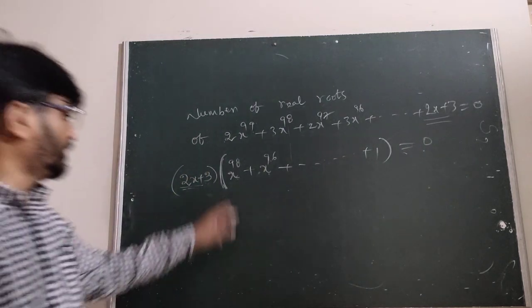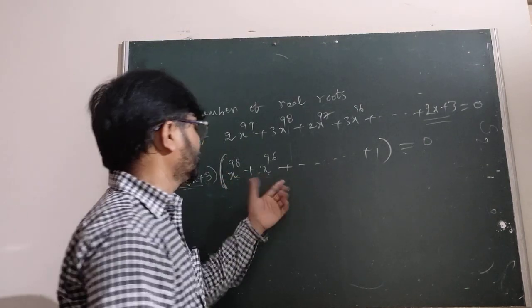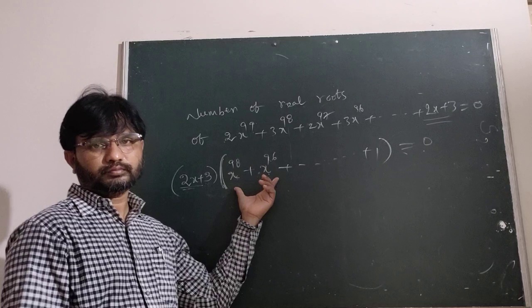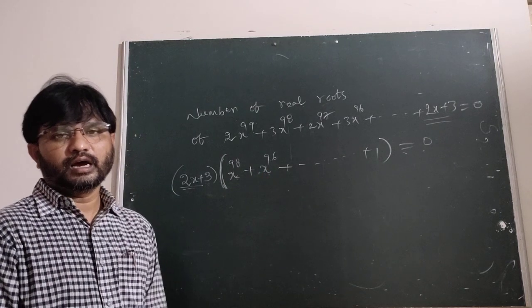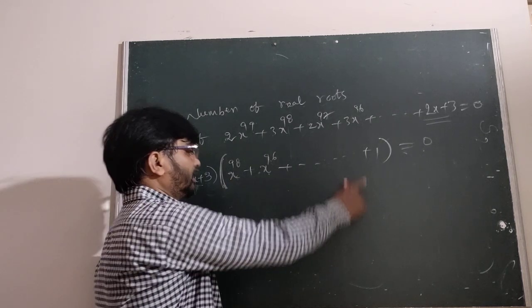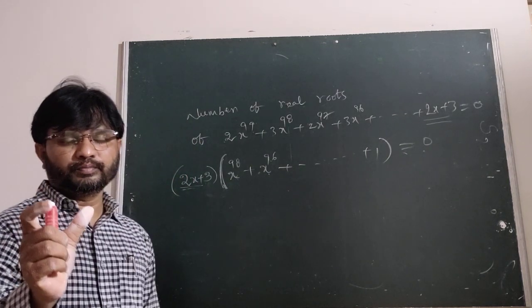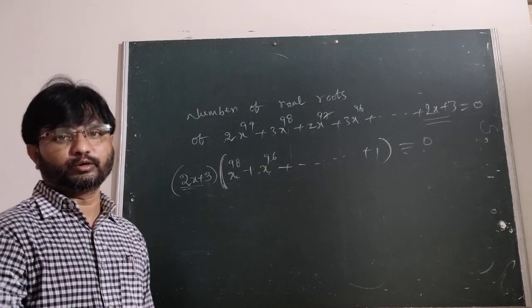Another observation is here plus everything. Suppose if you are taking the GP also, definitely we are getting imaginary roots. Why?